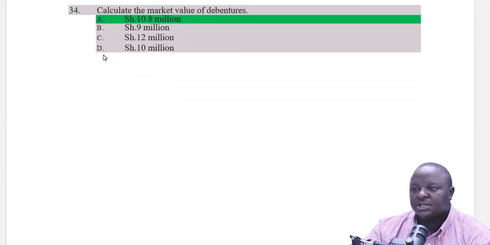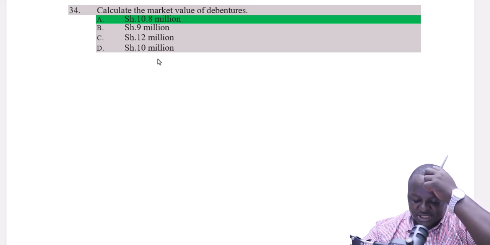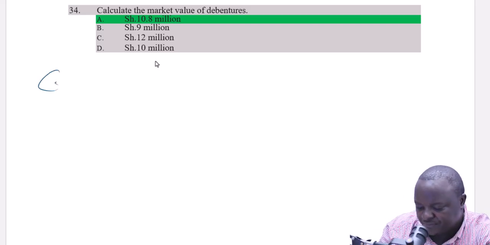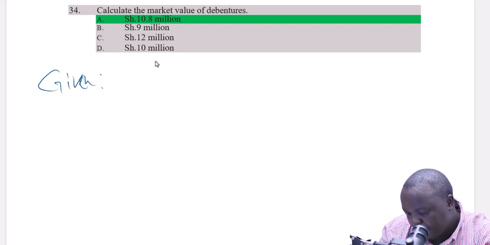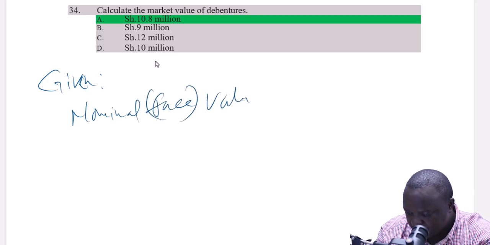Now, number 34, calculate the market value of debentures. We have been given the nominal, that is the face value of debentures.